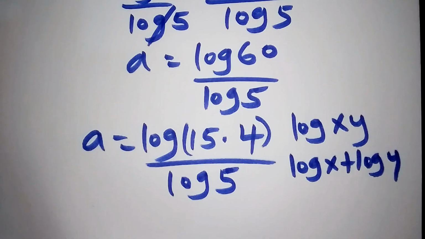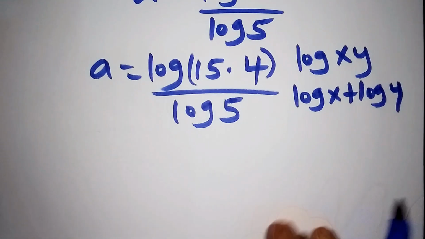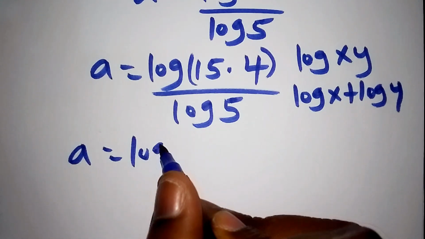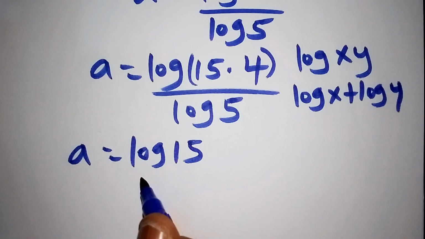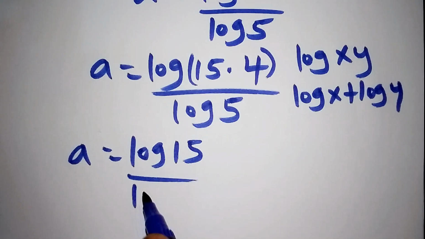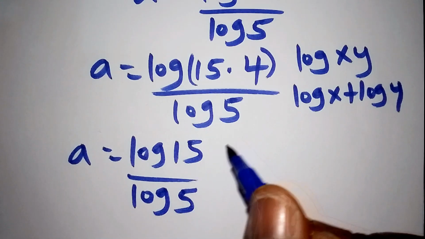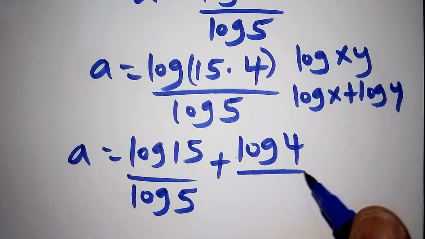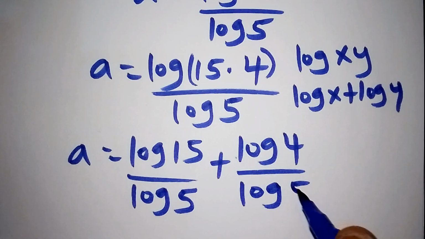So our value for a is equal to the log of 15 all over the log of 5, plus the log of 4 all over the log of 5.